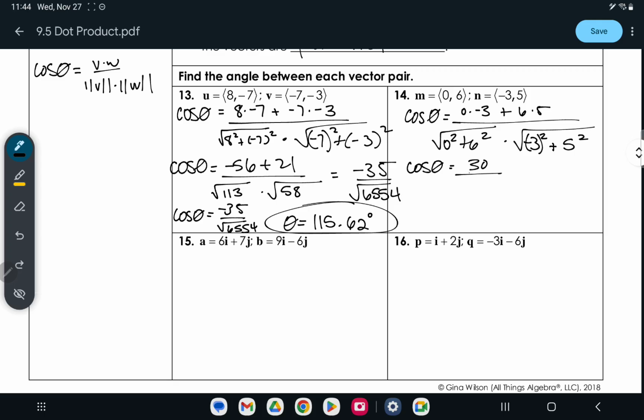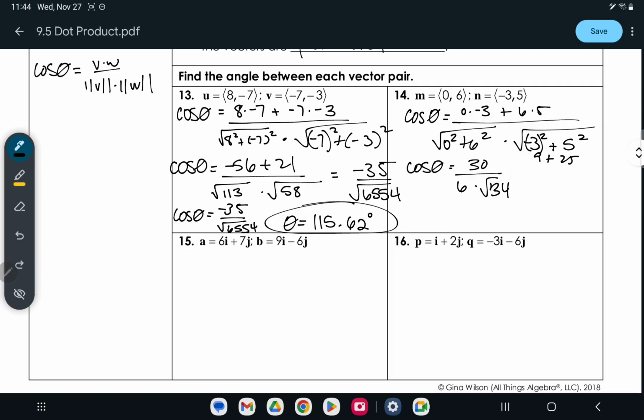And then that just is going to give me square root of 36, which is 6. Let's see if this gives me anything. 9 plus 25 is 34. Okay, so we can do inverse cosine now.